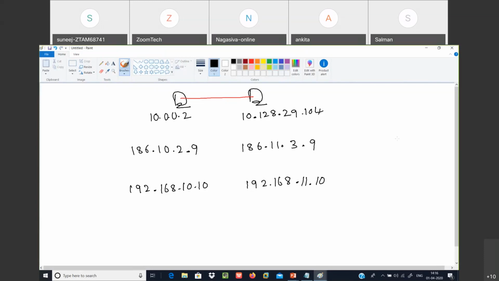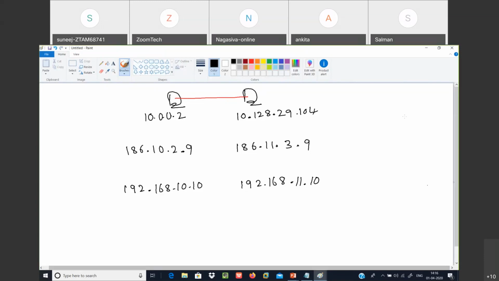So generally, how can we find out same network or different network? For example, 201, 202, 203, 204, as in your flats and apartments. If I'm trying to reach 203, what does 203 indicate? The first digit, 2, indicates the second floor, and room number 3, right?